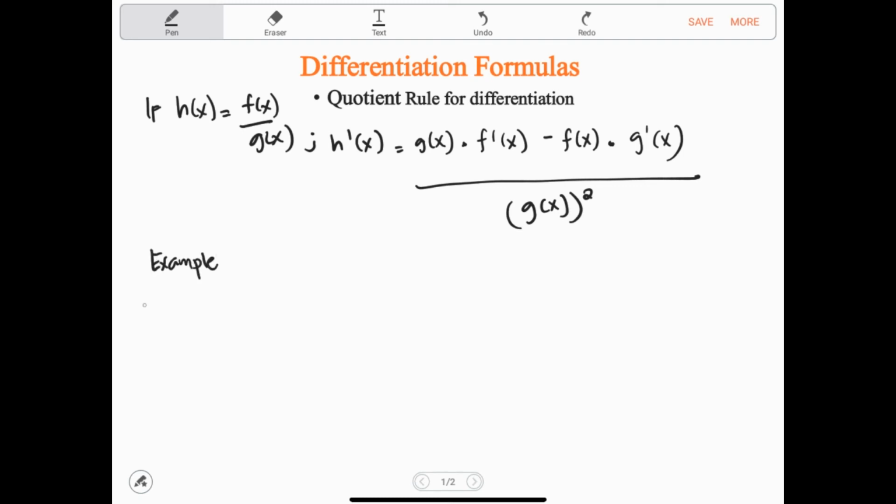Example: h of x is equal to sine x over x.